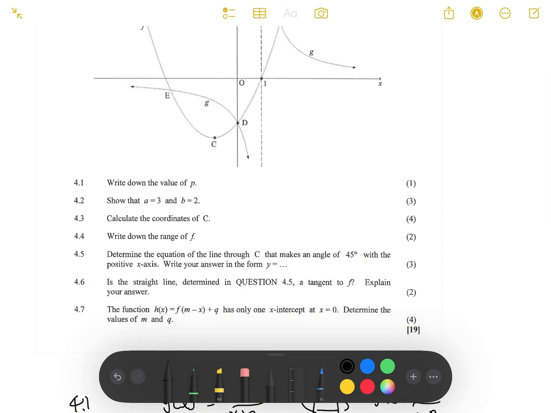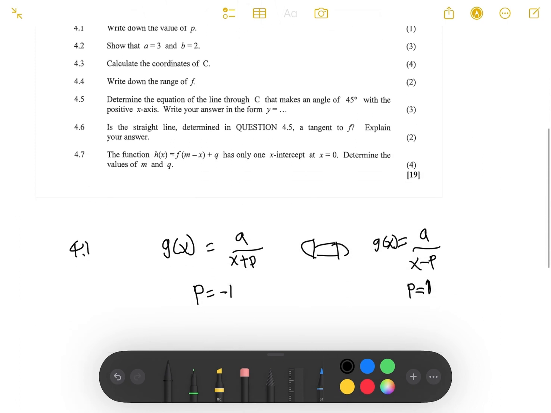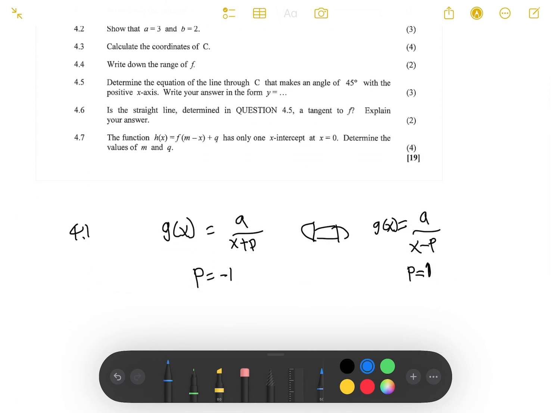value of p. So the value of p is actually equal to -1, using the formula that it gave us, a over x plus p. But then remember what I showed you guys, it was us having to use a over x minus p. So how are the two different?